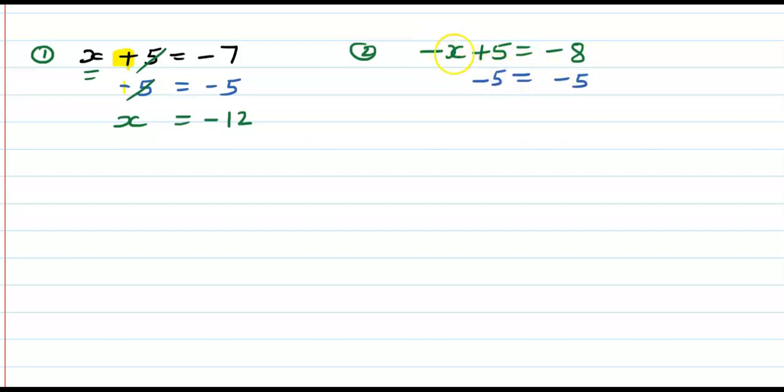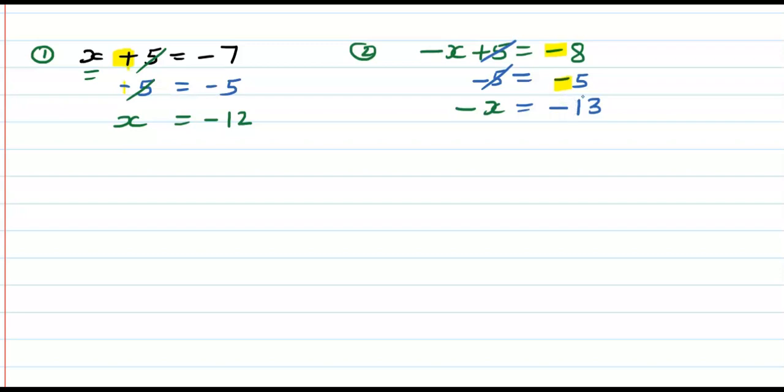We want x to be left on the left hand side. This plus 5 and minus 5 cancel, what is left here is minus x, and here they have the same sign again, minus and minus, so same sign means add, so 8 plus 5 is 13, and put the big number's sign, minus 13.